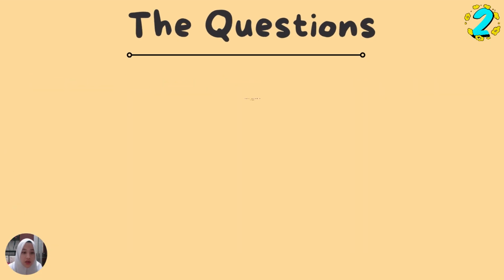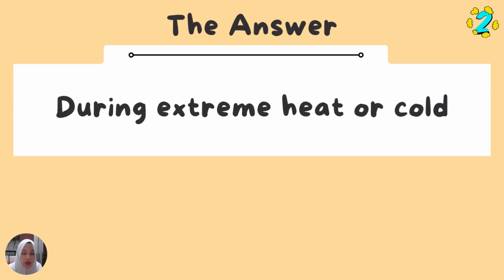So the answer is B, during extreme heat or cold, because there is a clue in the last sentence. No cells are produced during the harsh winter and summer months. It means winter is cold weather and summer is hot weather. So the conclusion, the answer can be in the form of a word with the same meaning, or a synonym. So the answer is B, during extreme heat or cold.